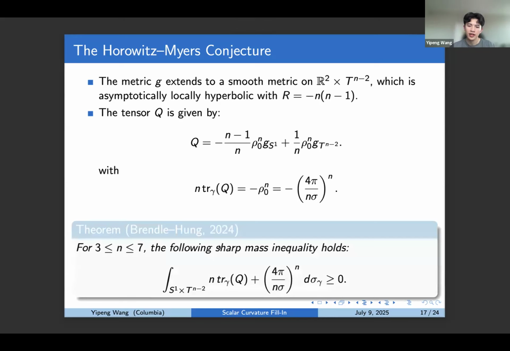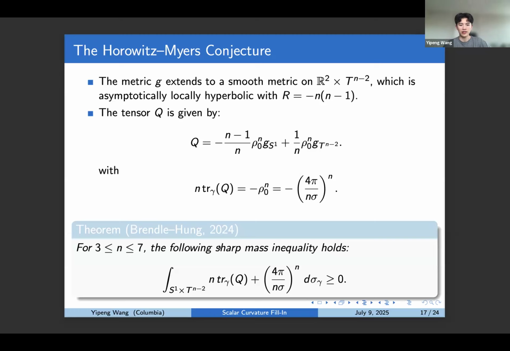So in particular, this says that this mass could in general be negative, but there's this great result last year due to Brendle and Hung. They showed that although the mass could be negative, this metric constructed by Horowitz and Myers is actually the one that has the lowest mass among every asymptotically locally hyperbolic manifold.